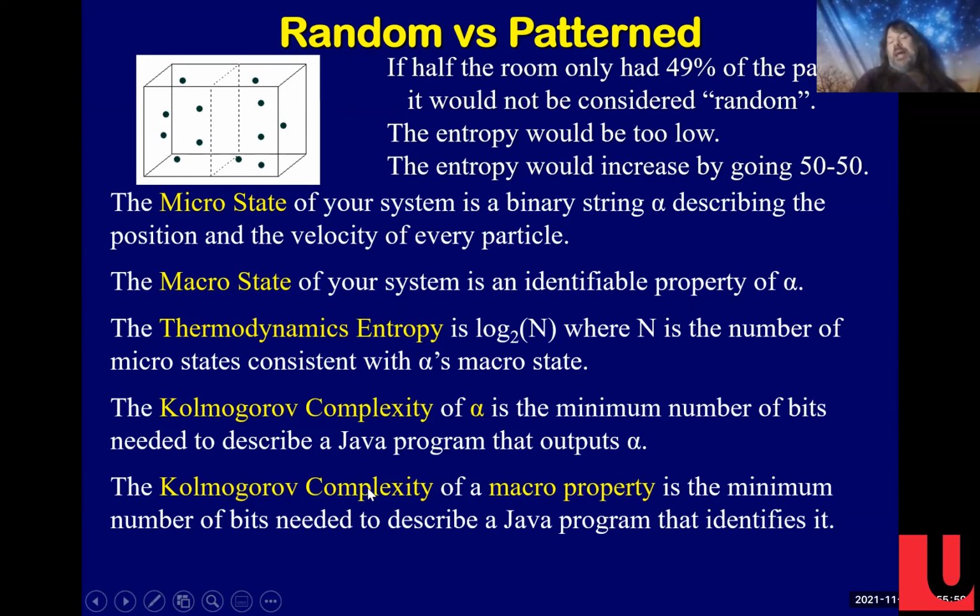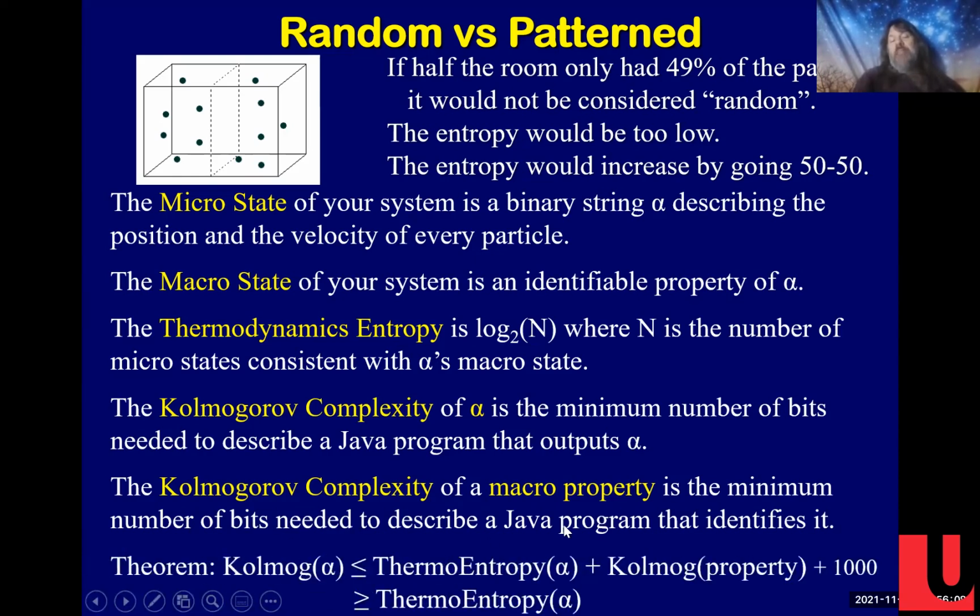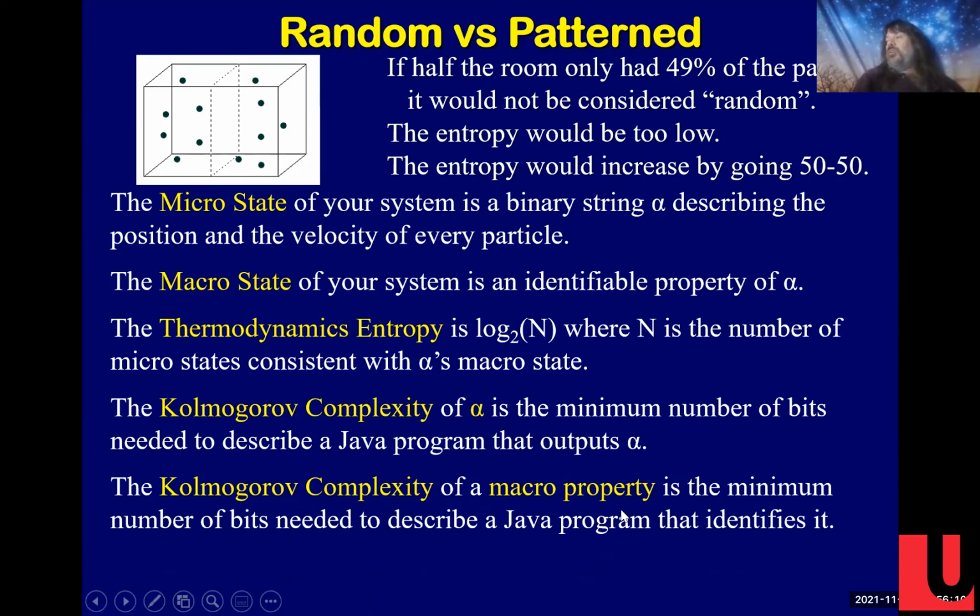So the Kolmogorov complexity of that property is, if I gave you a string, what's the length of the shortest Java program that will tell you whether it has the property or not? So this tells you how complex the macro property is, and this tells you how complex the micro property is.